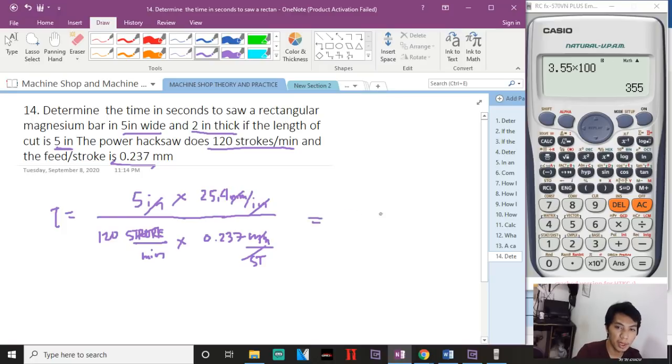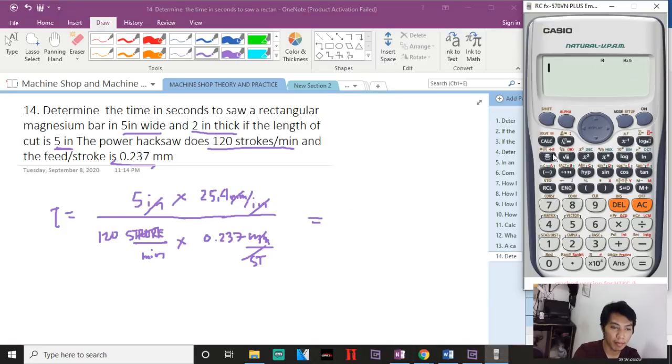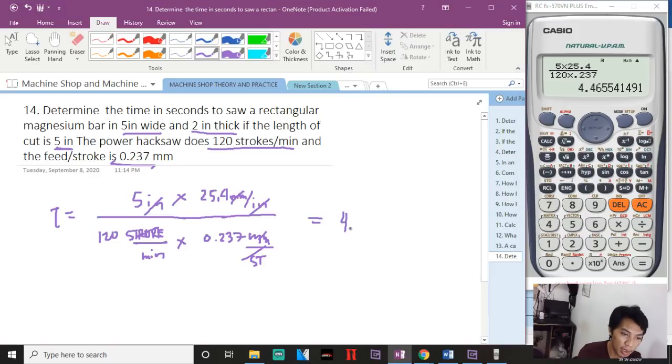So the time will be 5 times 25.4 divided by 120 times 0.237. In minutes, that is 4.466 minutes.